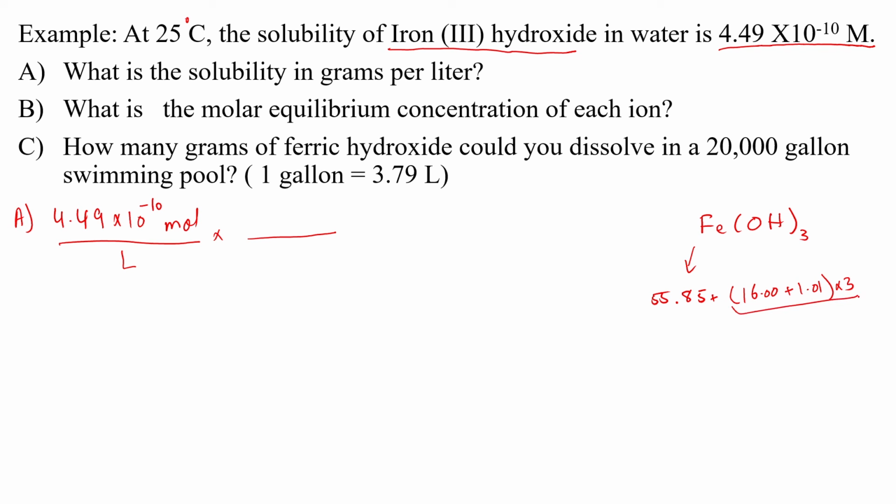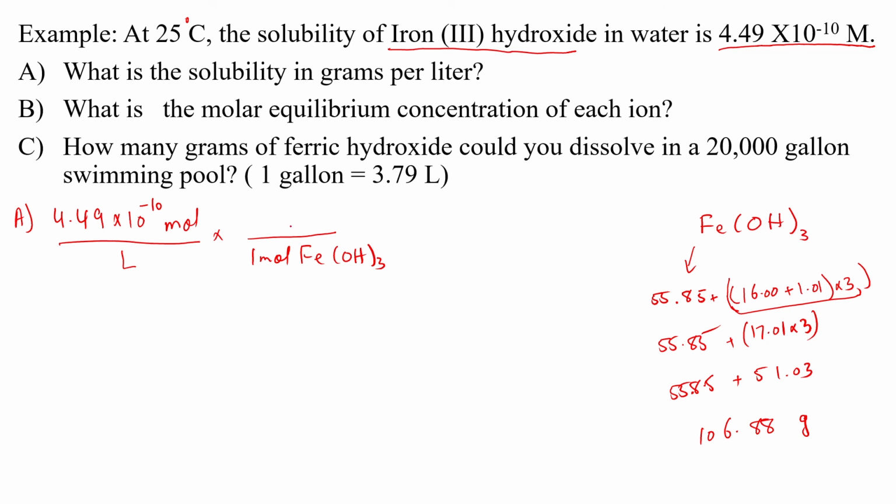We are going to multiply this and then we will add. So 1 mole of iron 3 hydroxide is 106.88 grams. Okay, so that is the answer for A.